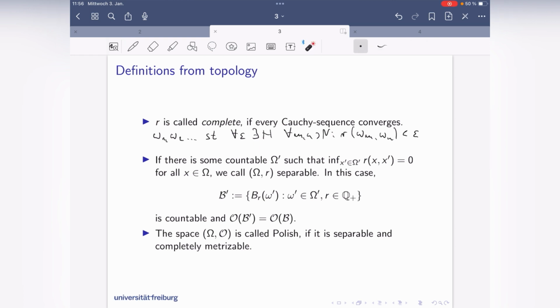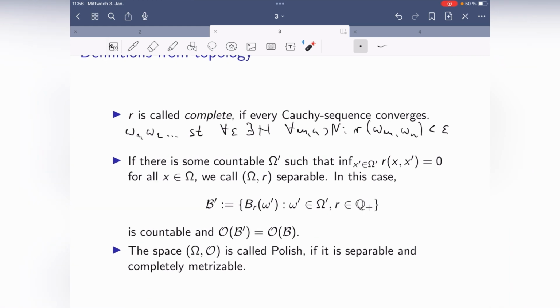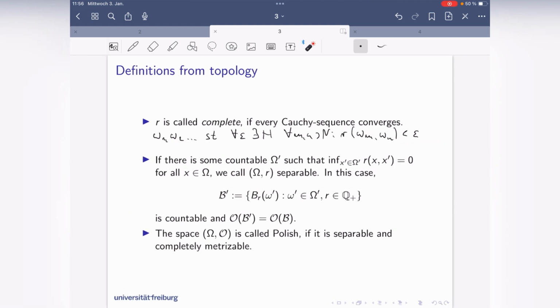And as you see here, there's no limit, so there is no limiting object here. But I know that when I fix epsilon, distances can become arbitrarily small. So I find a capital N such that the distance is at most epsilon after this N here, which suggests that the sequence can converge.